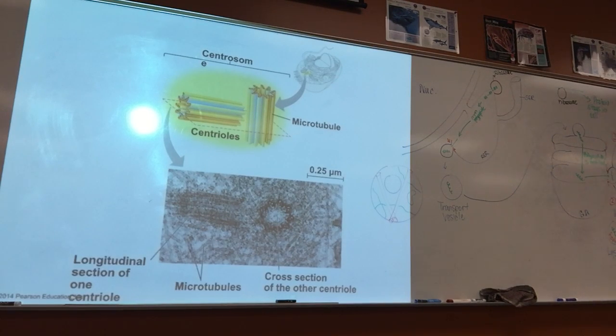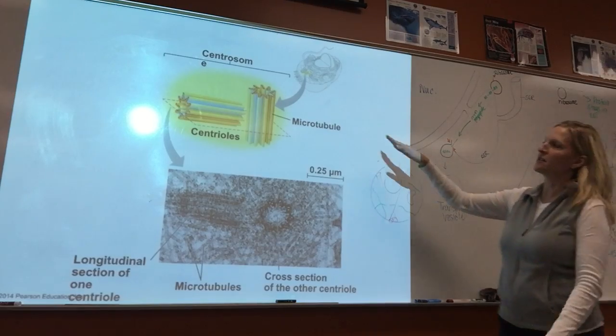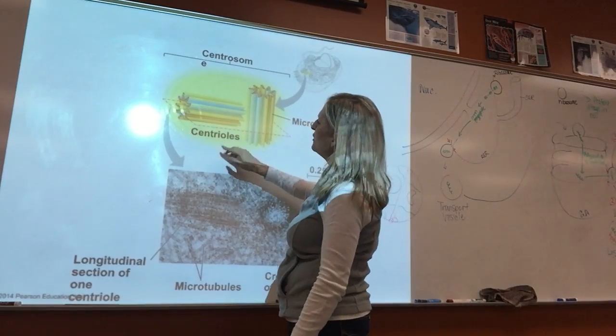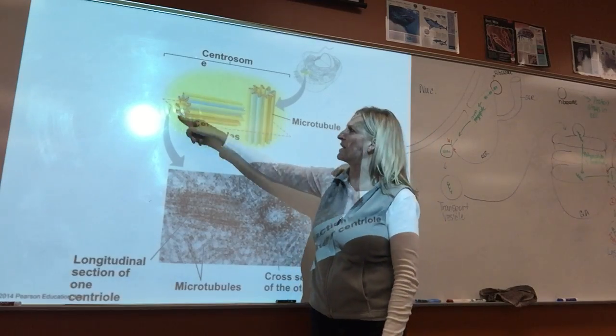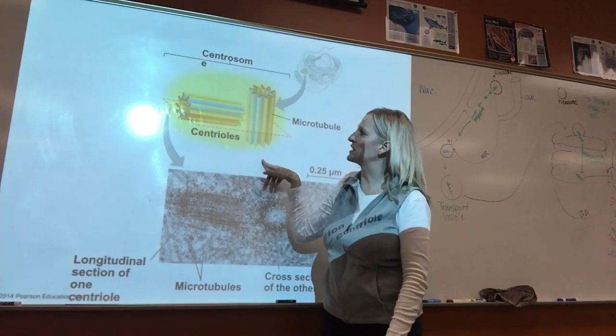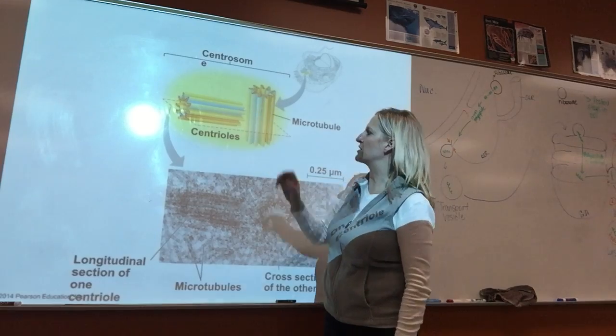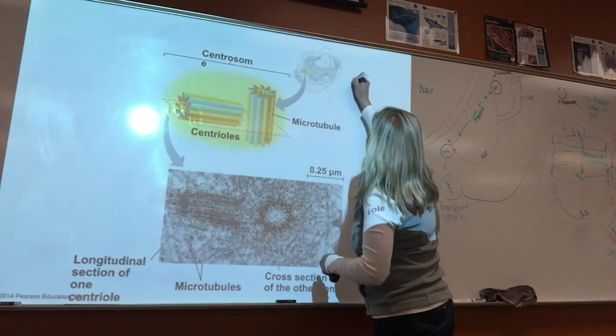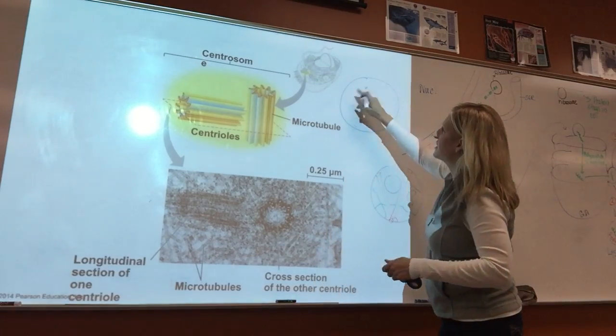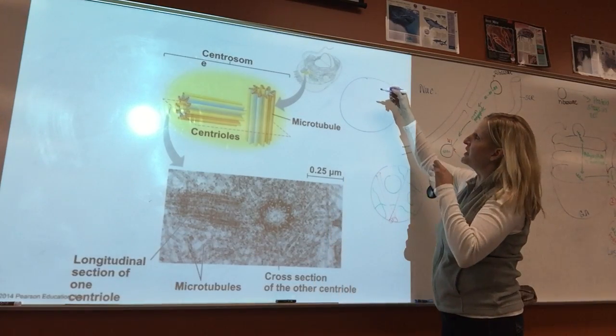The whole thing, the yellow part, which you can see very faintly, is called a centrosome. These little guys are centrioles. You've probably seen them if you remember from biology, during cell division.